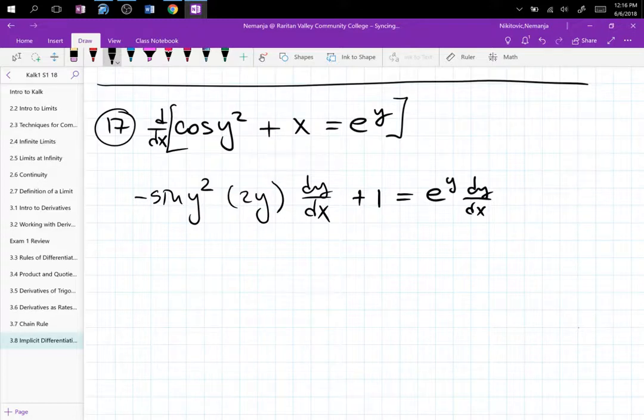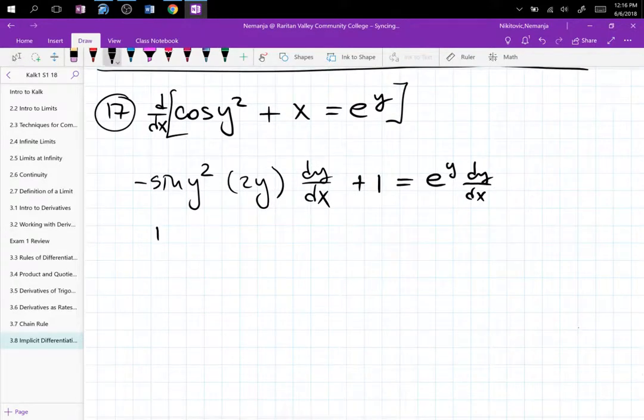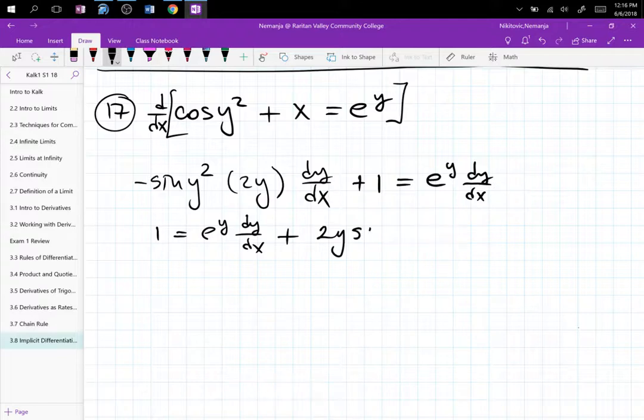Okay, so now I'm going to move the sine term to the other side because it has dy dx in it, and I'm going to move that to the right, so I kill the negative there. So 1 is equal to e to the y dy dx plus 2y sine y squared dy dx. And now we're just going to swap sides. That's allowed.